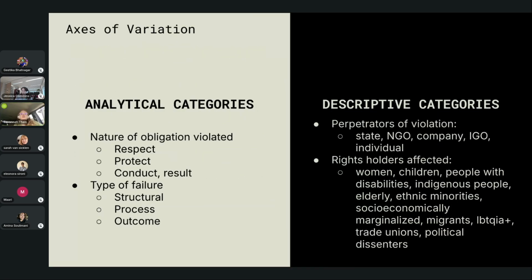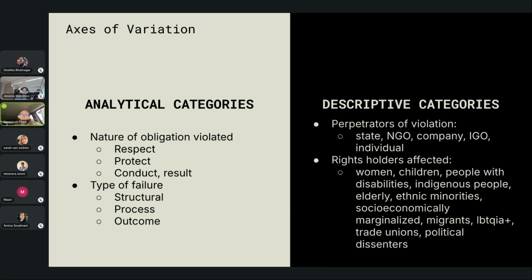Okay, so the next thing I talked about are these axes of variation. So again, in consultation with experts and through reading a lot of different human rights law, different textbooks, different documents, we created a taxonomy of different ways that human rights situations and scenarios might vary.